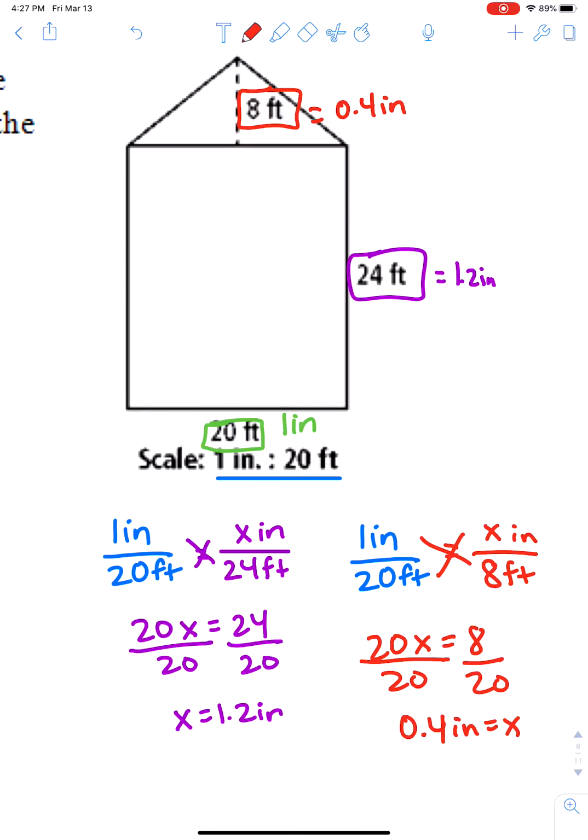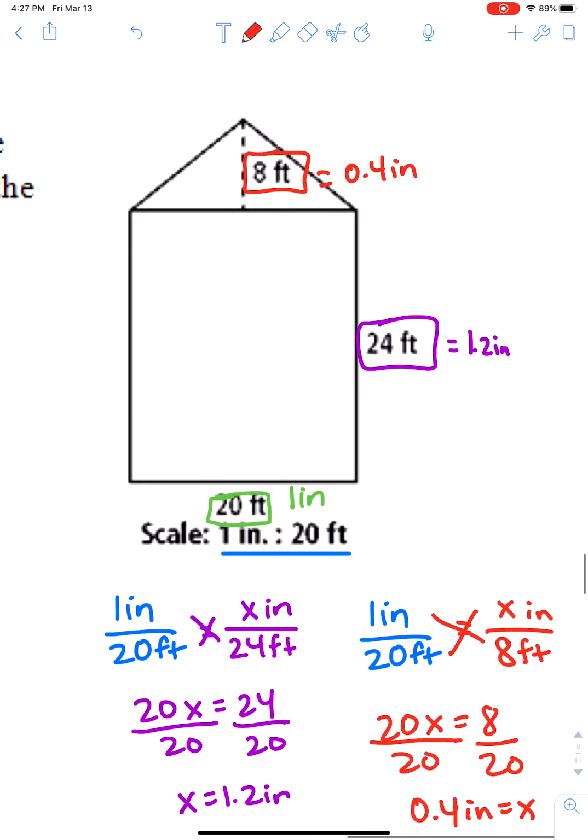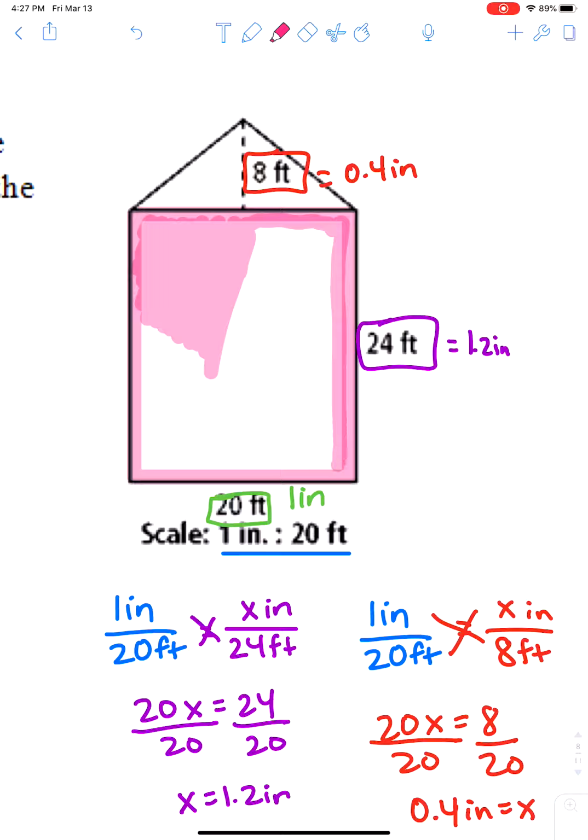We're not even done. Such a long problem. They are saying to find the total area of the side of the house in the drawing. So I've got two shapes here. This beautiful pink square right here, rectangle, sorry. If I shade that in, I know you wanted to see me color on your work from home day.